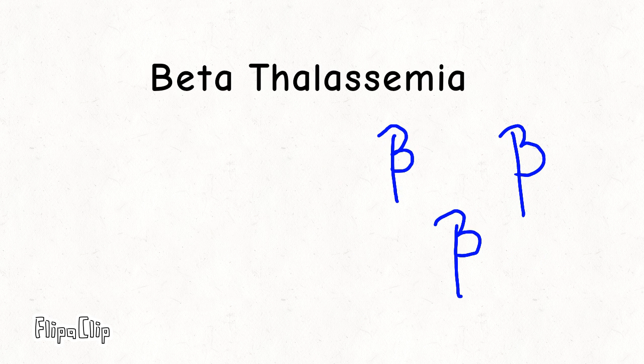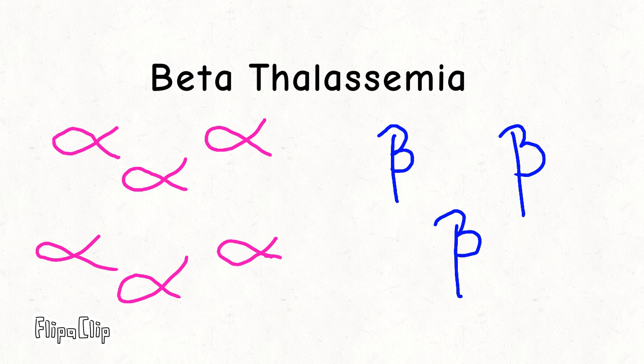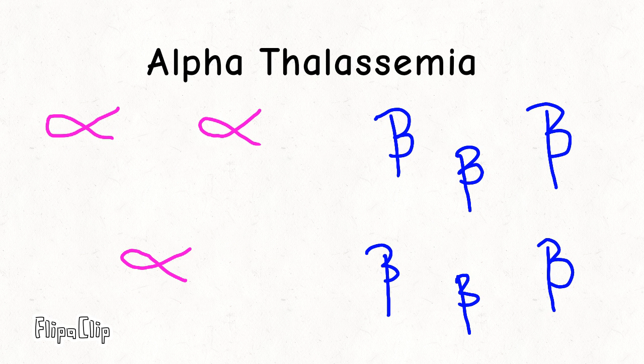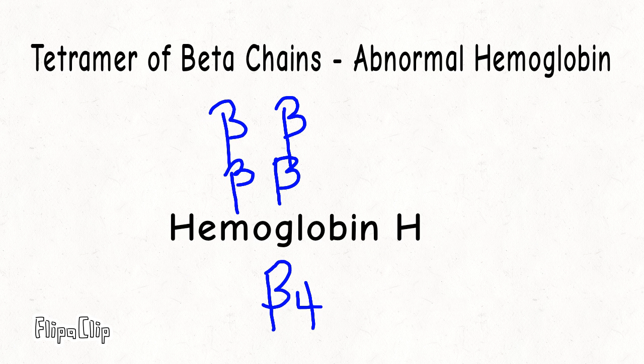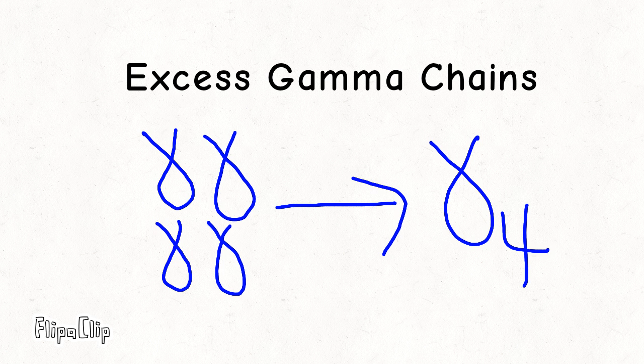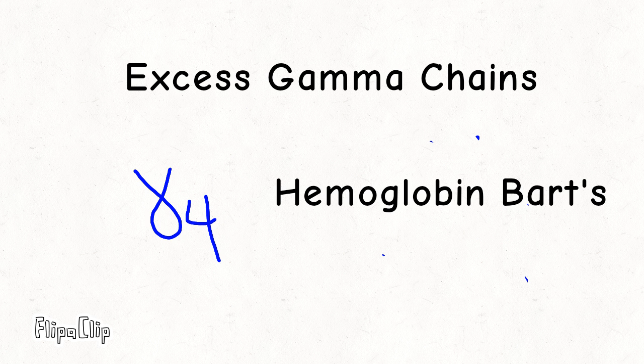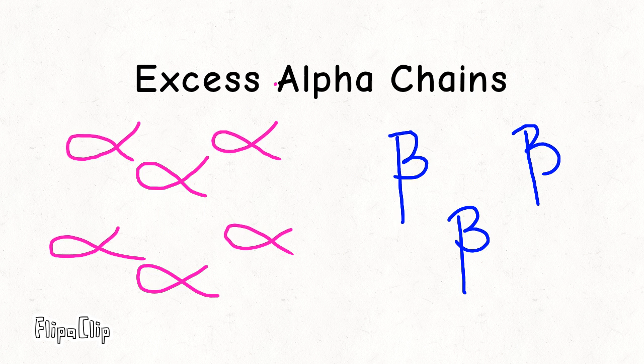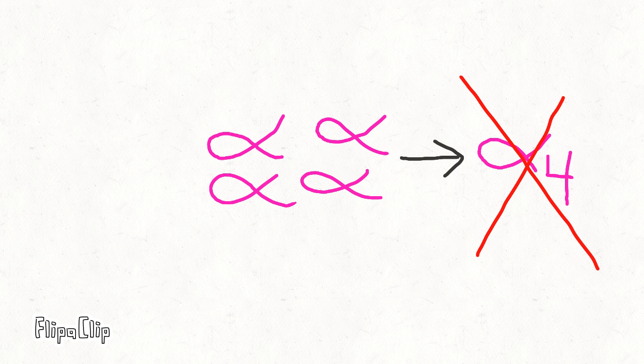Now let's talk about beta thalassemia. Beta thalassemia is named because there is a decrease or absent synthesis of the beta chain. Although in alpha thalassemia there was an excess of beta chains creating abnormal hemoglobins and excess gamma chains creating abnormal hemoglobins, here with the excess alpha chains in beta thalassemia, they are very highly insoluble and precipitate in the cell, cause damage right away, so they do not make a tetramer.